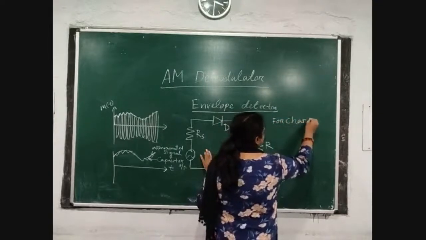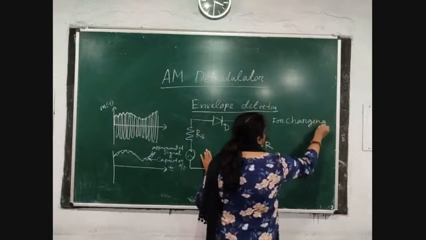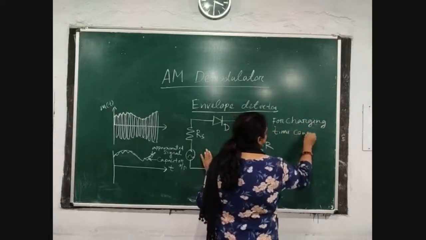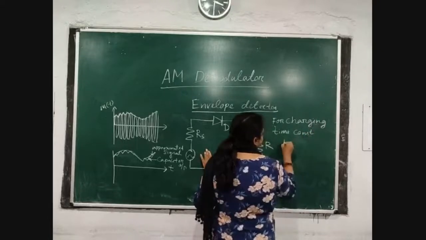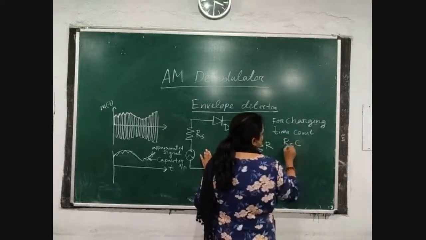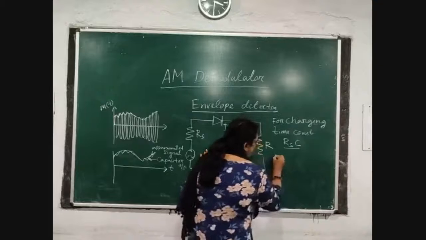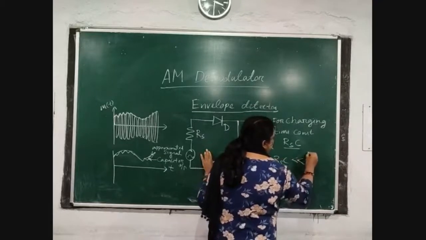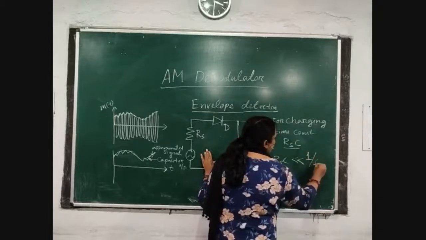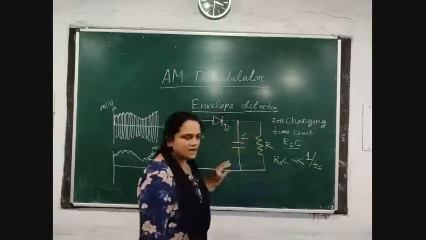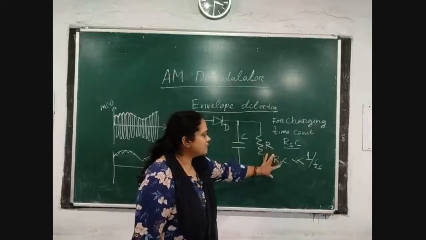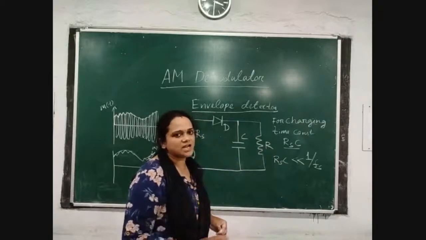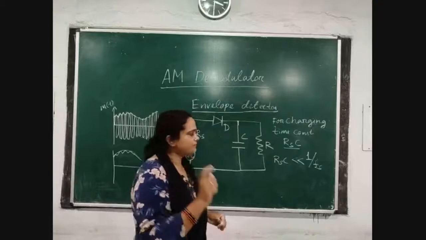For the charging time constant, the RsC time constant value is always very much less than the time period of the carrier signal. If we satisfy this condition, then the capacitor always charges very quickly.